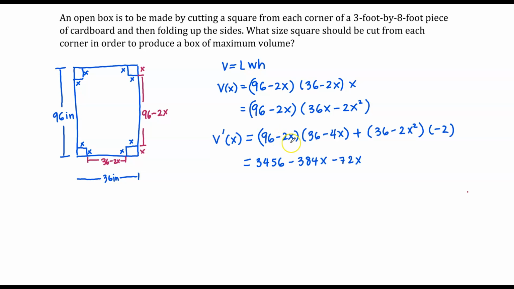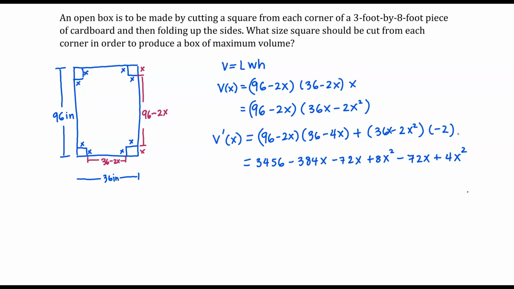And negative 2x times negative 4x is positive 8x squared. Minus 36x times negative 2 is negative 72x, plus negative 2x squared times negative 2 is positive 4x squared.